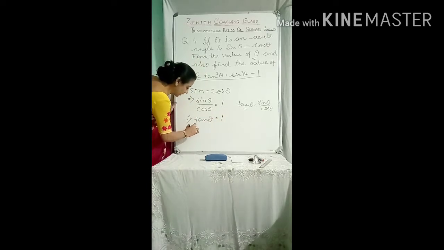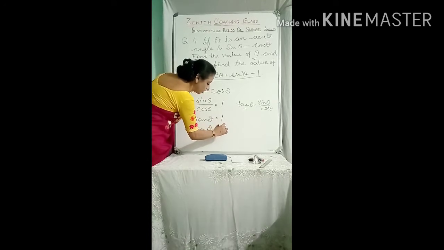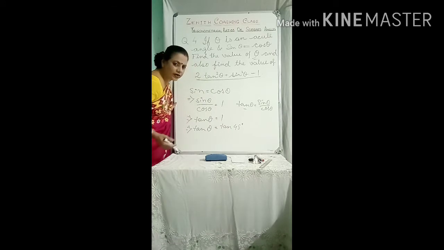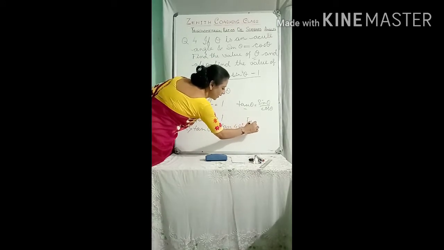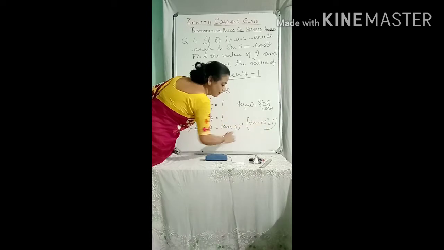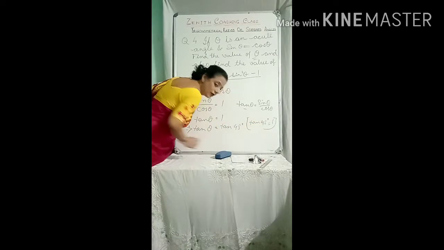So tan theta equals tan 45 degree. Why 45 degree? Because tan 45 degree equals 1. That is the value of tan 45 degree. I have taught you in the previous class.